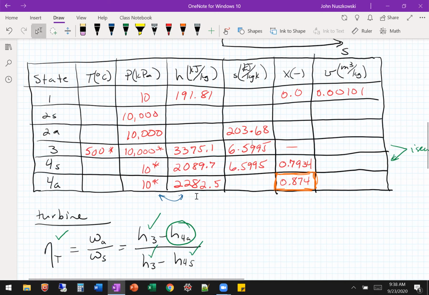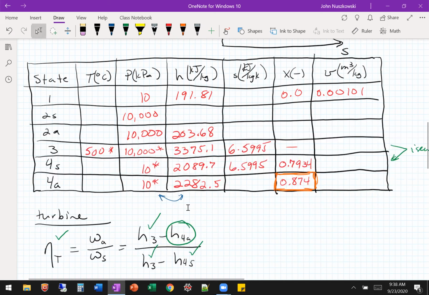Oops, I put it in the wrong column. All right, let's try that again. 203.68 for our enthalpy.